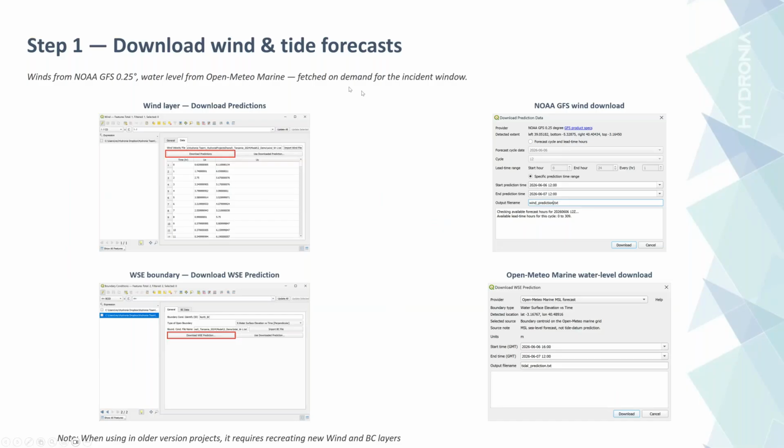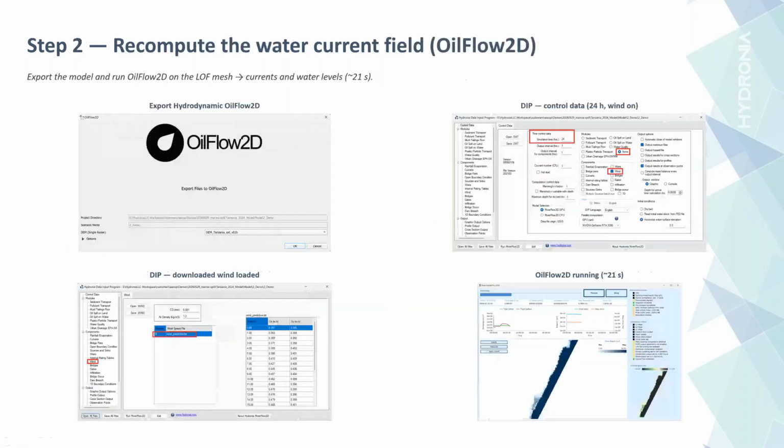Again, this is what I illustrated previously: the wind layer, downloading information that you get from public data, and also the tidal information that you can get from public forecasts. Then you need to recompute the water current fields using the standard tools that we have.